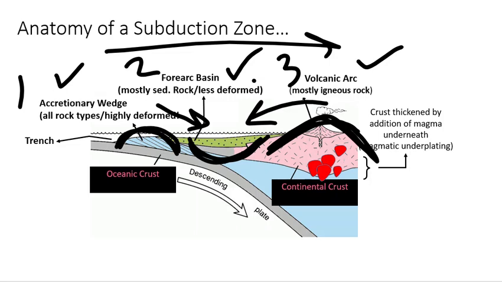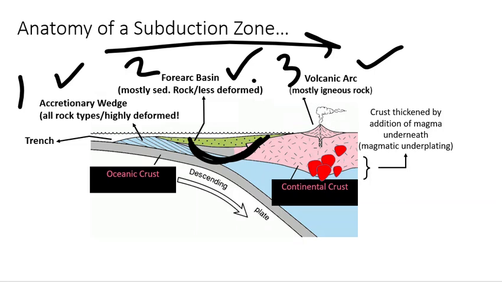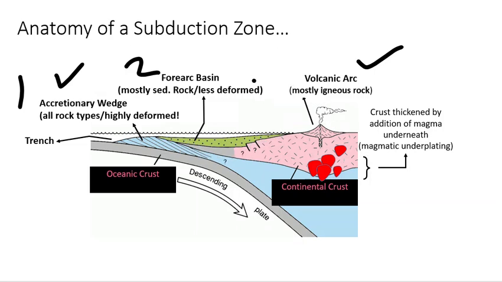And in the forearc basin, sedimentary rock dominates. So material builds up in the forearc basin in relatively flat-lying layers of sediment from both the accretionary wedge and the volcanic arc. And these layers of sediment eventually become lithified to form sedimentary rock. And as shown in this diagram, at least at first, the sedimentary rock that's forming in the forearc basin is marine sedimentary rock.